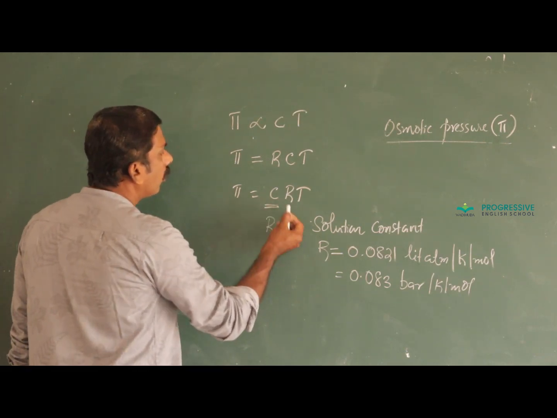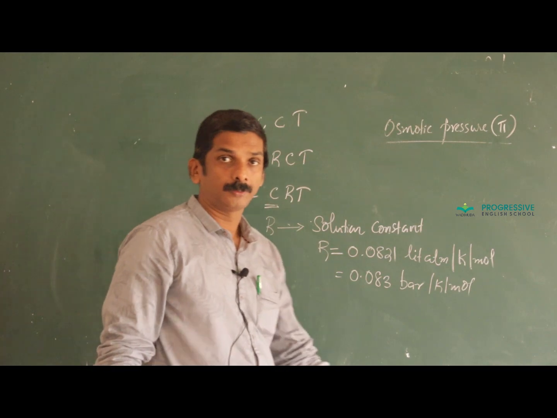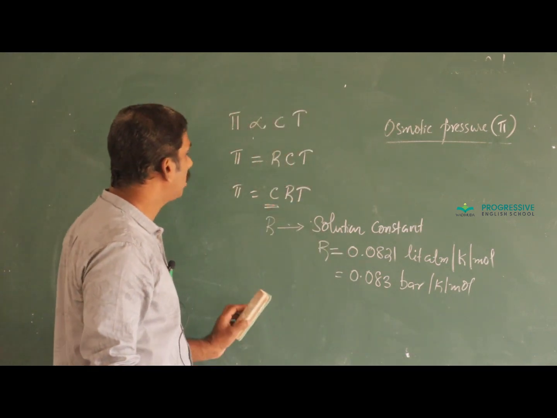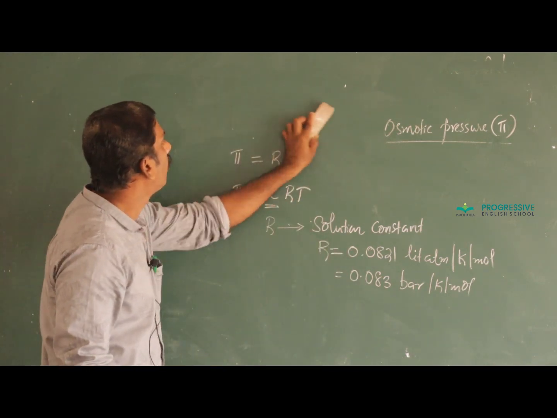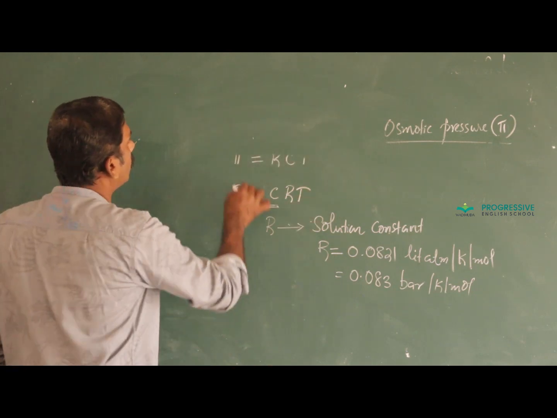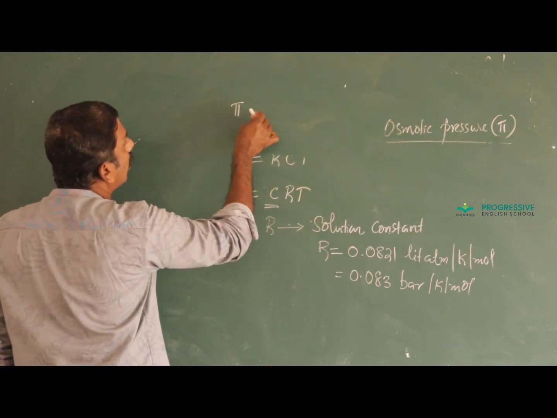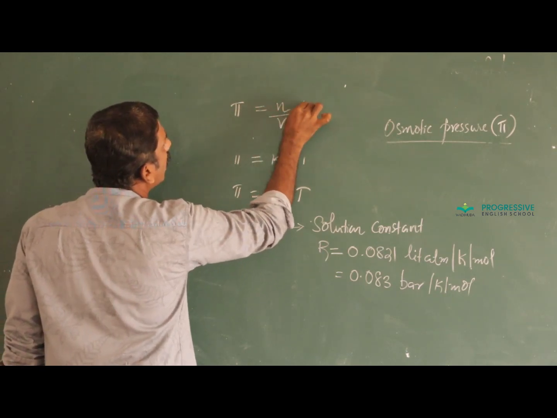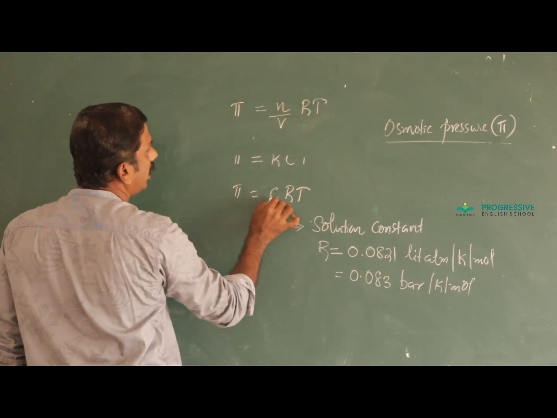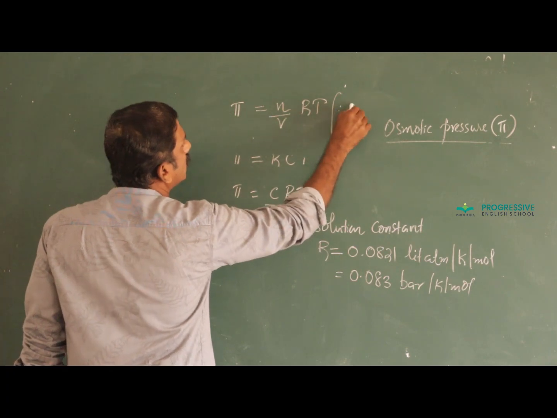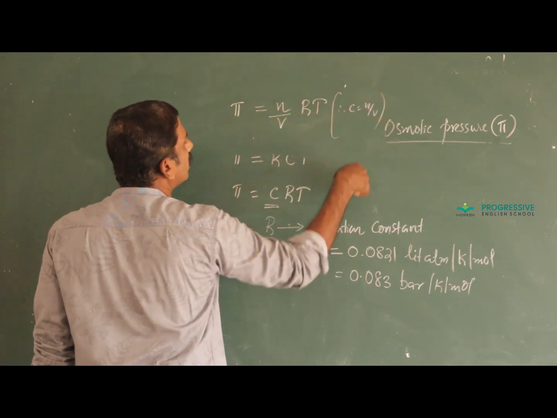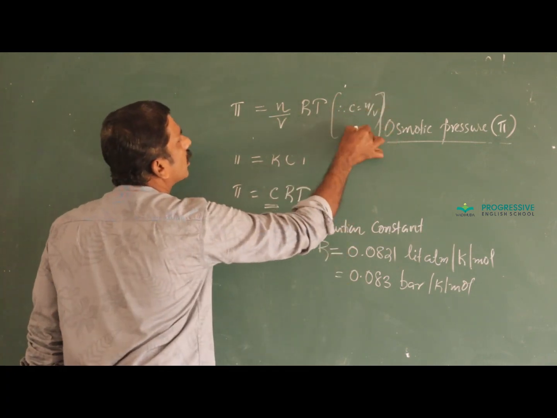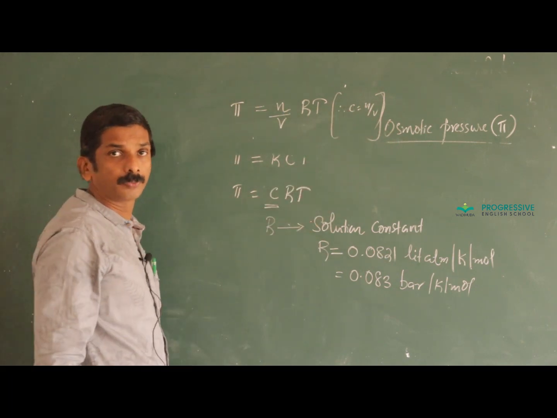And what do we mean by concentration? Concentration means the number of moles of solute dissolved in a particular volume. Pi equal to n by V into RT, instead of C. The number of moles dissolved in a given volume is called concentration.